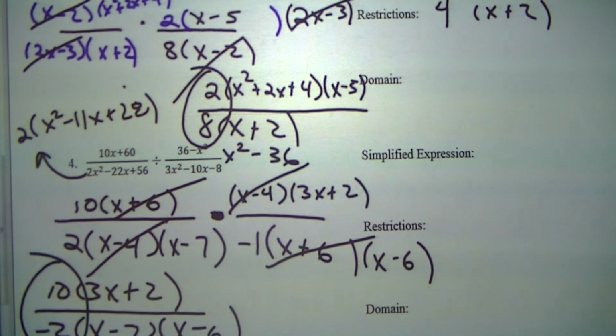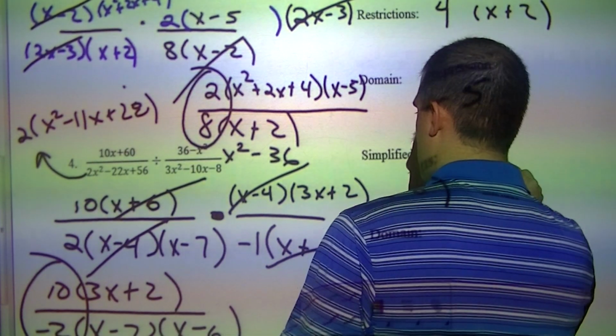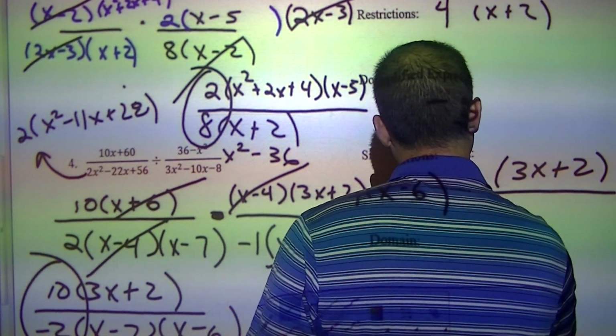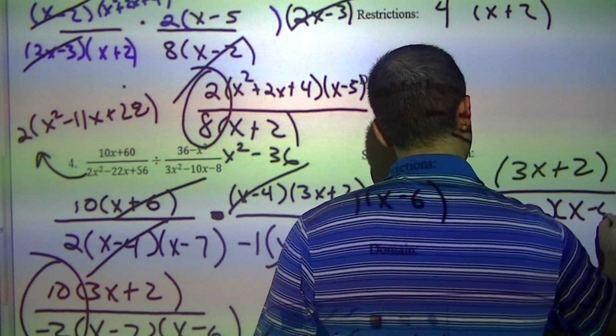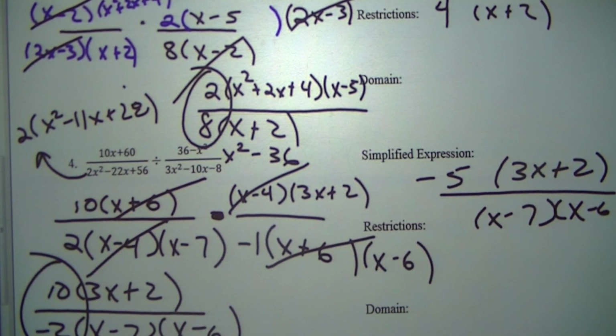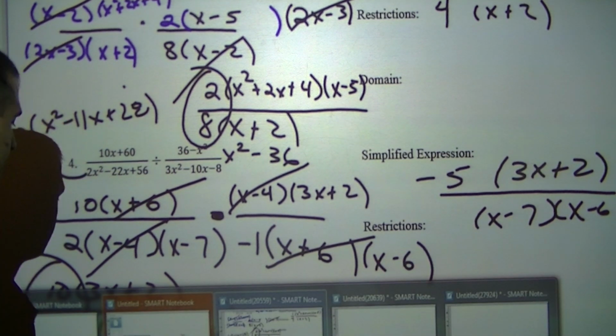And if I divide those, I get negative 5, 3x plus 2, all over x minus 7, x minus 6. I would say one of the keys there is make sure that you leave yourself plenty of space. Maybe factor on a separate sheet of paper would help.